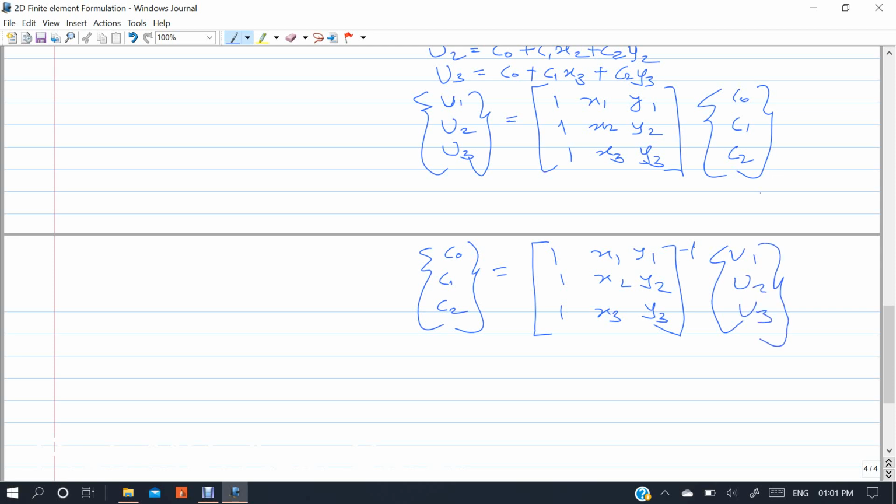So we have c0, c1 and c2 equal to this M inverse times u. What is this M? It is the matrix constant for this triangular element.